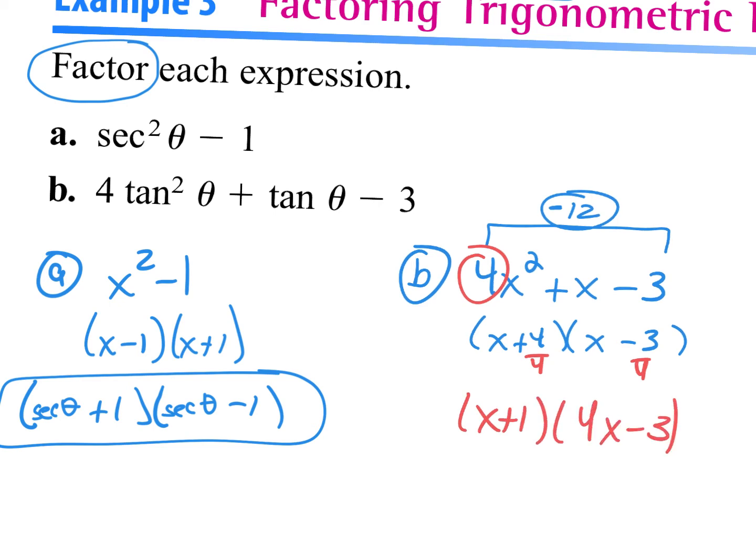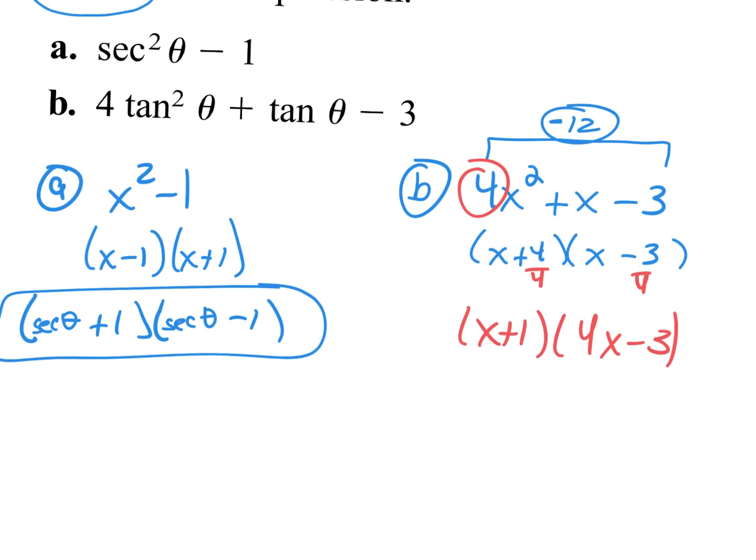Agreed? Now, you guys don't have to change this to an algebraic problem. I'm just showing you how it's the same thing. What would I replace my x with? Tangent. So this would be tangent theta plus 1 times 4 tangent theta minus 3.